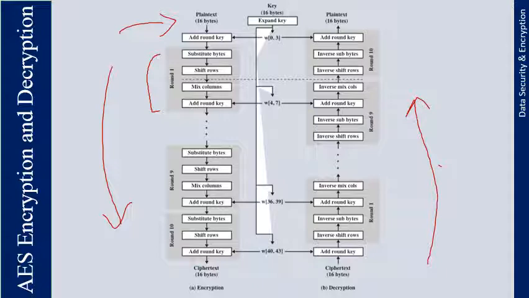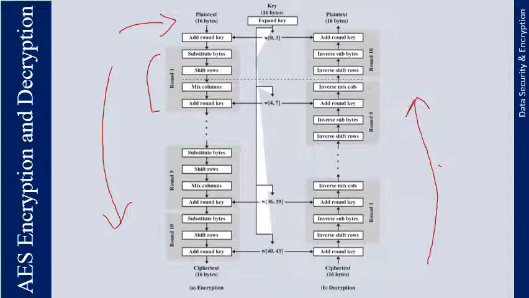In the next transformation, you apply the MixColumns transformation, in which you multiply the columns with another matrix, and in the final transformation, you add the round key generated from the key expansion.